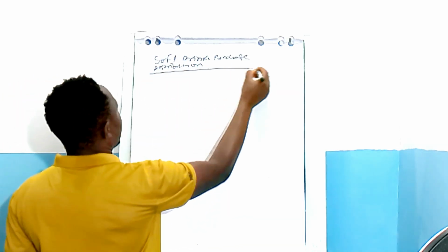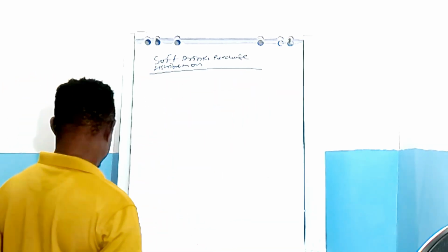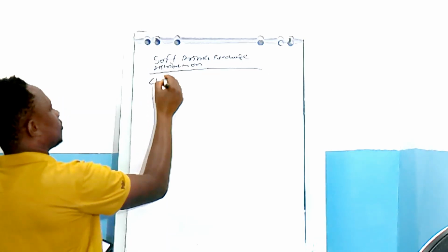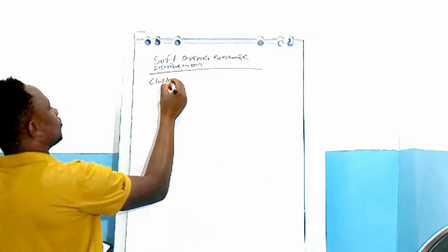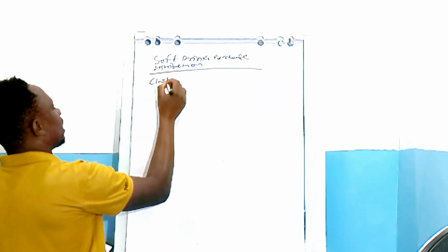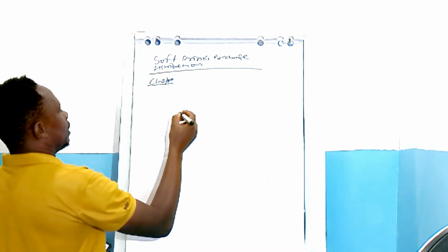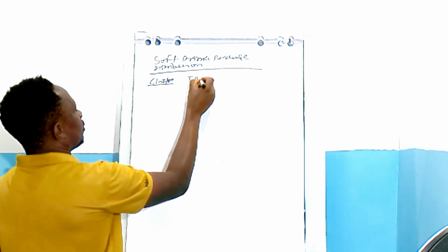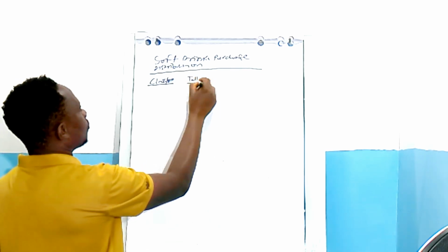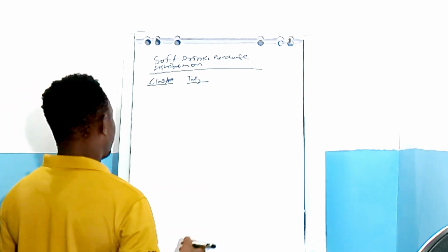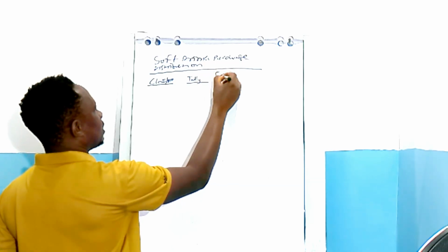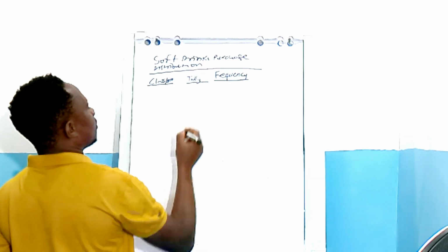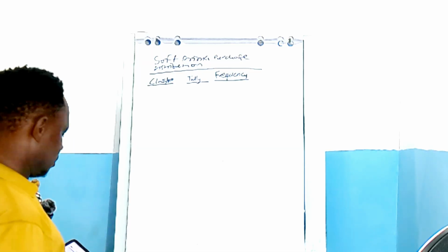What will we have first? We have class. Sometimes you can call it group. For this, let's just call it a class. We can have sometimes what we call tally. Maybe you will see it in some books. Don't be confused. Tally, and we can have frequency. Let's start with these 3 columns.